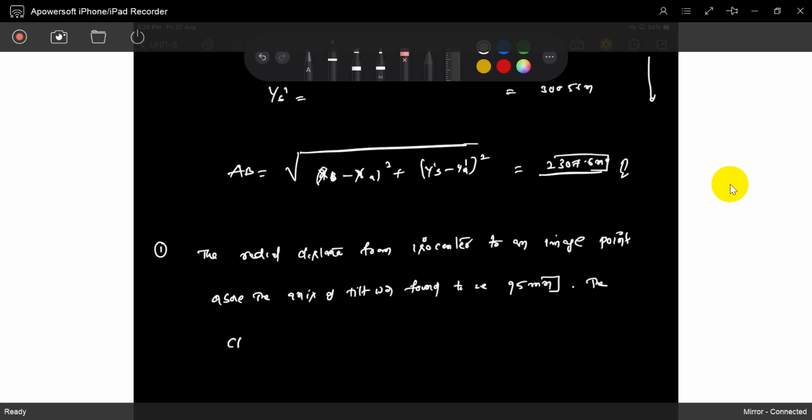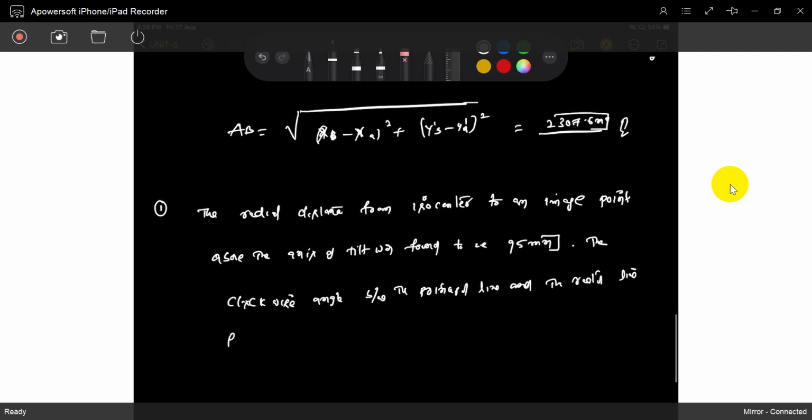The clockwise angle between the principal line and the radial line from the isocenter to the image point is 50 degrees.